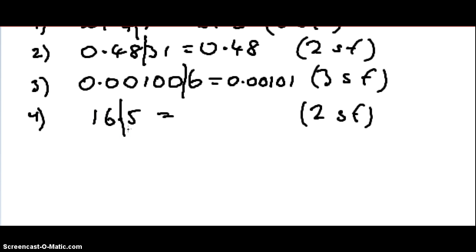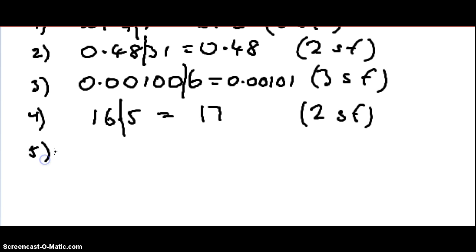I'll put my line. Now that means that the next number is 5, which rounds, because as we do normally, the 5 we round up. So we're going to round the number in front of the line up by 1, and so we should have 17 as our answer. Not 17.0, but just 17 in this case.